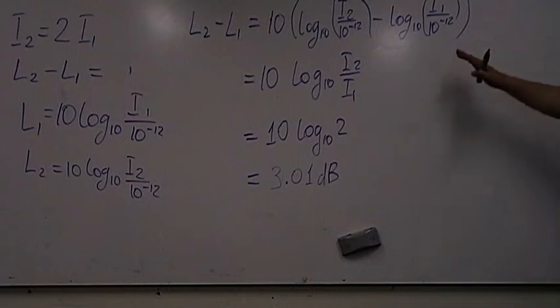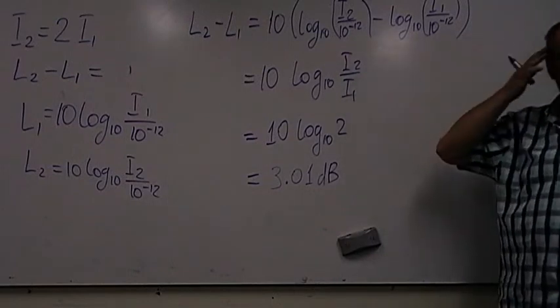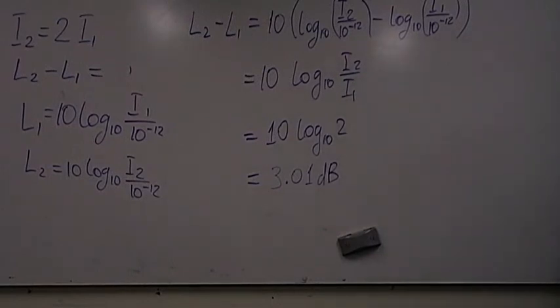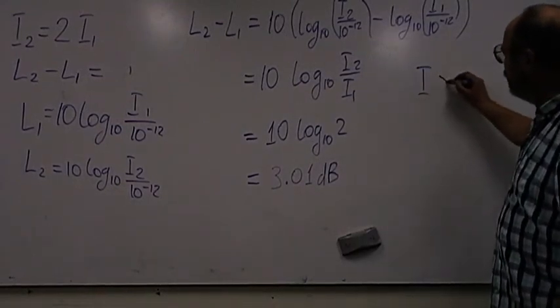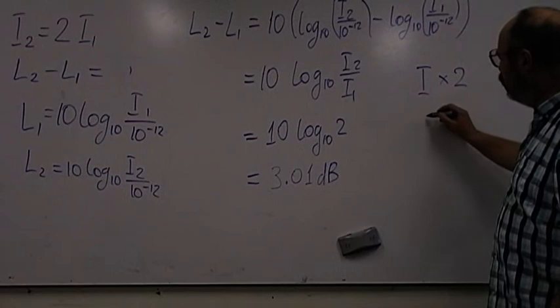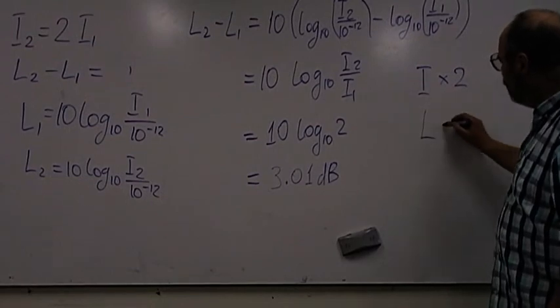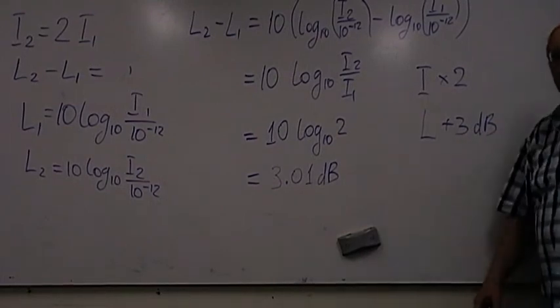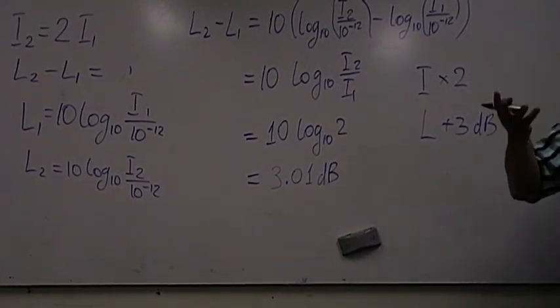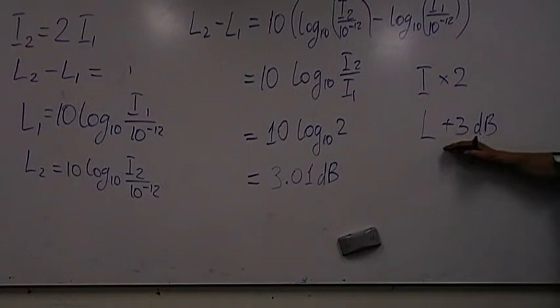For people who don't know log rules, you can use in your calculation the fact that when sound intensity is multiplied by 2, the sound intensity level increases by 3 decibels. So when sound intensity doubles, you add 3 decibels.